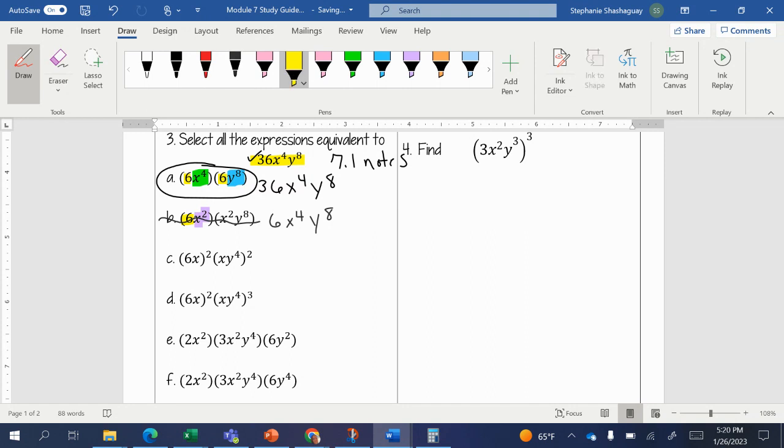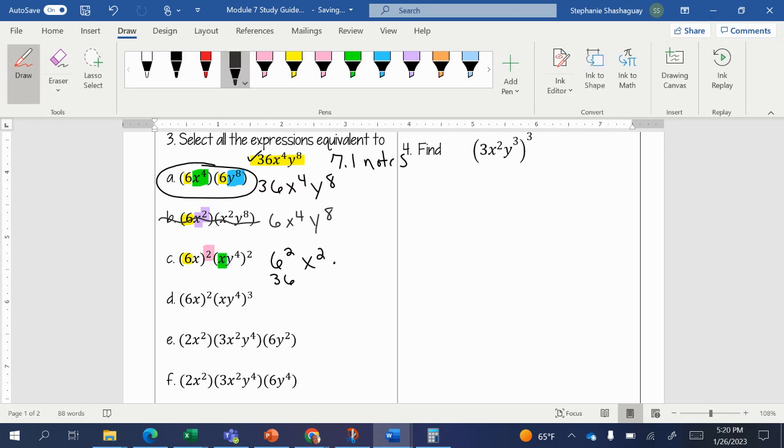Now option C, I do have a 6, but now I have the exponent of 2, and it means that I have to have 6 squared and x squared, and 6 squared is 36. And then we're going to worry about multiplying by this other x here.